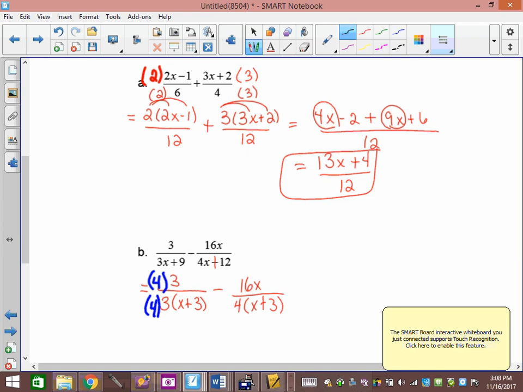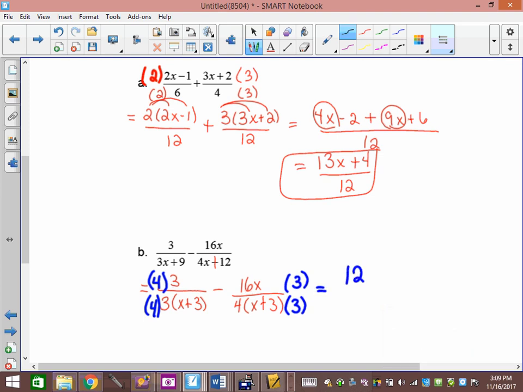And then multiply this one by 3. So we're going to get 12 over 12 times x plus 3 minus 48x over 12 times x plus 3.